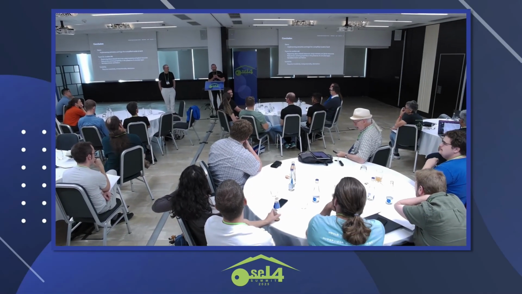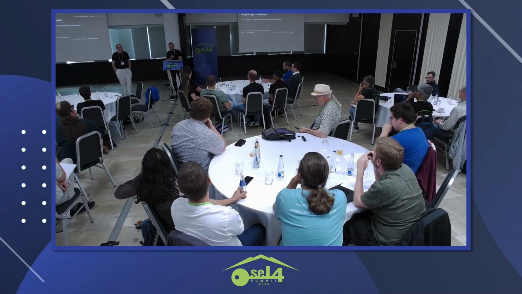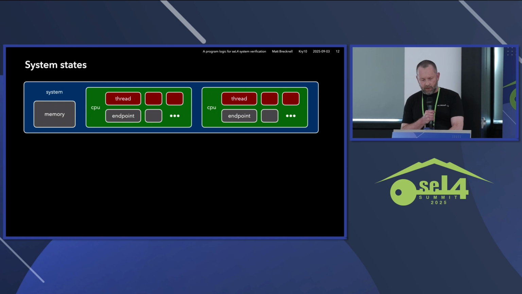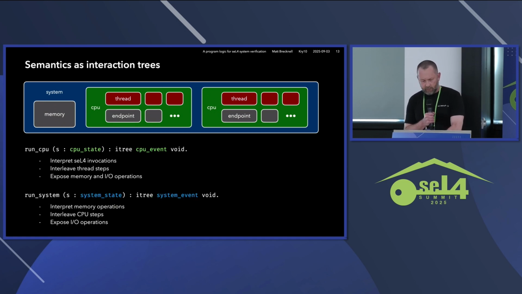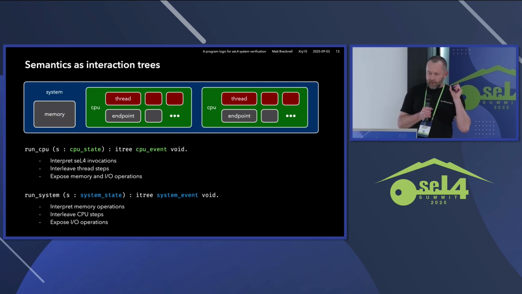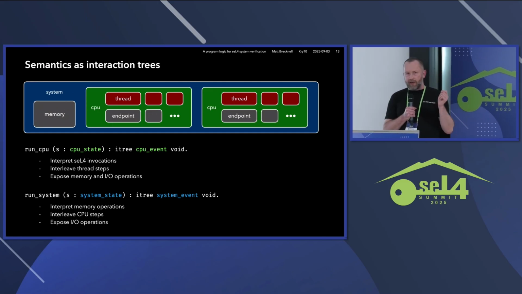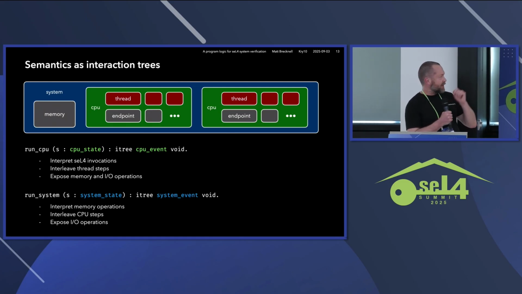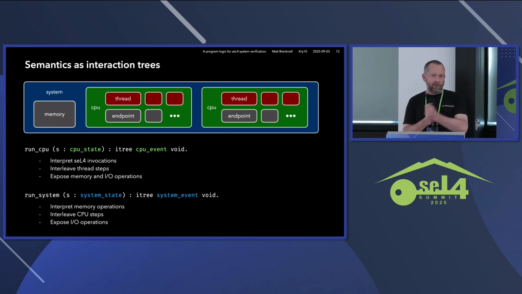Oh, one nice thing I think about this model is that in the run system that interprets the memory operations across cores, you could in principle plug in different memory models.